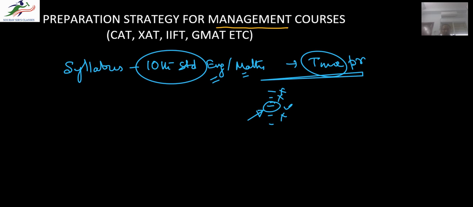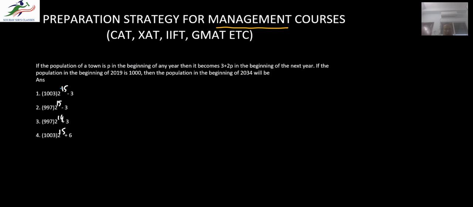Now, let us look at an example. We look at one question that appeared in this year's CAT paper. It is talking about the population of a town which increases by a certain proportion. So P becomes 3 plus 2P, and this is the pattern of increase every year. And we are asked the value of the population 15 years from today.